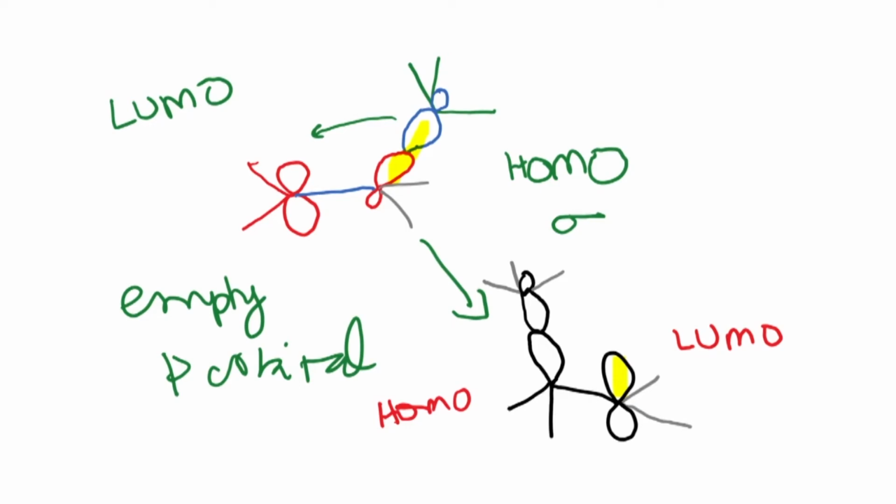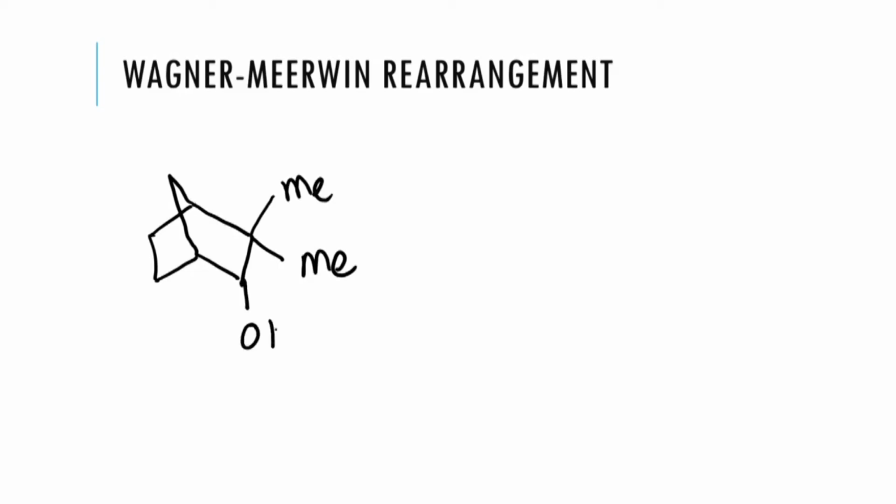Okay, so this is how, from an orbital standpoint, we understand this reaction. Now let's look at a very interesting rearrangement, which is called the Wagner-Meerwein rearrangement. So this is of the following reaction. If you recall, we had discussed these kinds of norbornene type compounds earlier. You have a methyl group here, you have a methyl group here, and you have an OH.